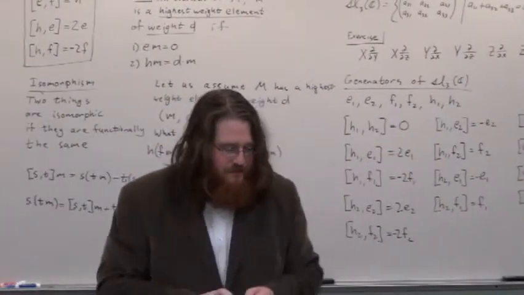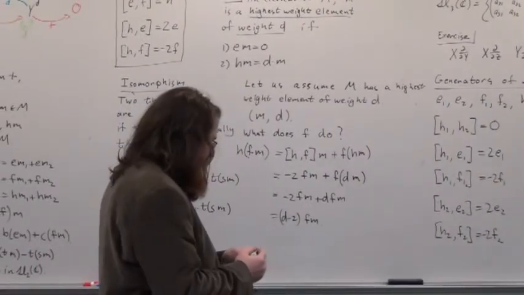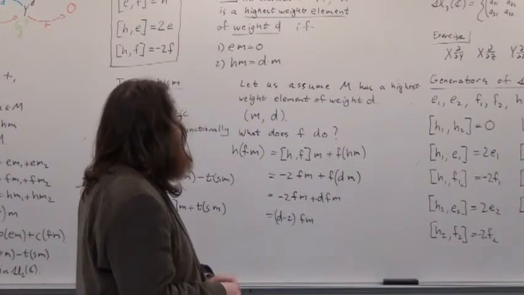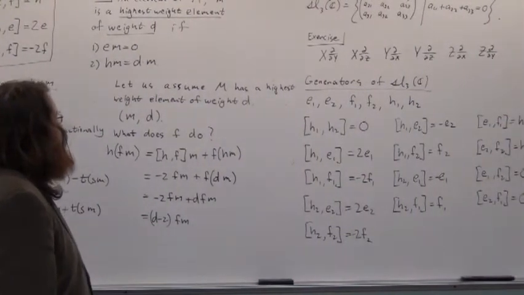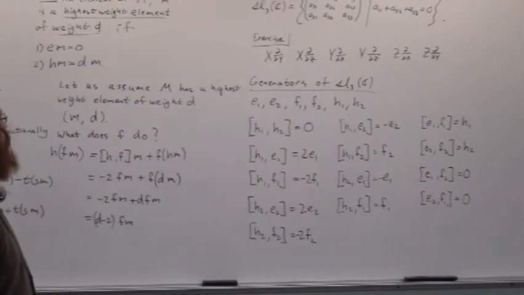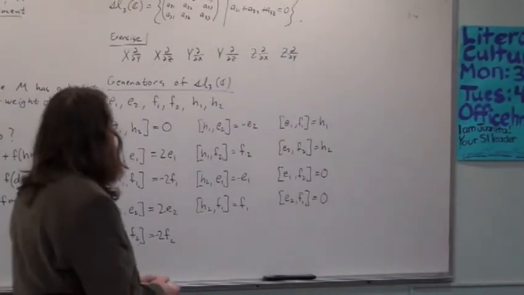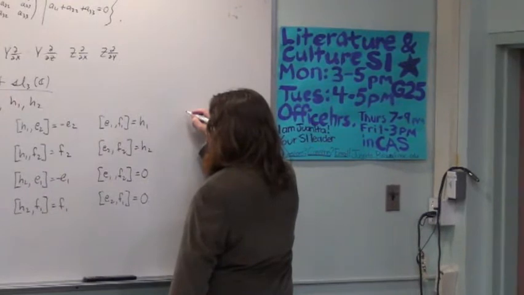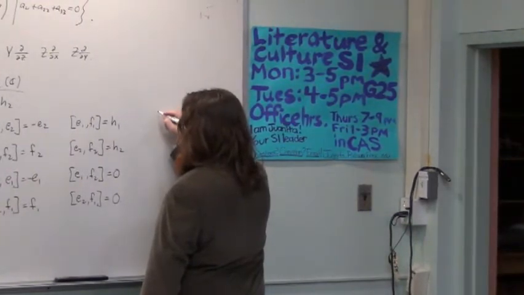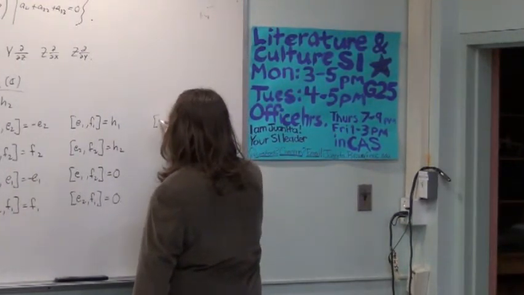Now, one thing I'm missing, there's a few brackets that are just the bracket itself. We don't really express what it is. For example, the bracket of E1 with E2, I didn't list those here.